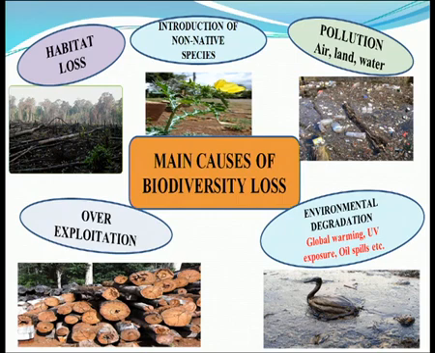Next is pollution. We are very familiar with the air, land and water pollution affecting biodiversity. Then next is environmental degradation. Friends, global warming, UV radiation, oil spills, all of them do not take our living species very kindly. Next, over-exploitation.